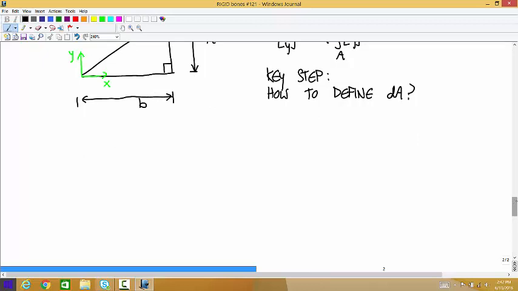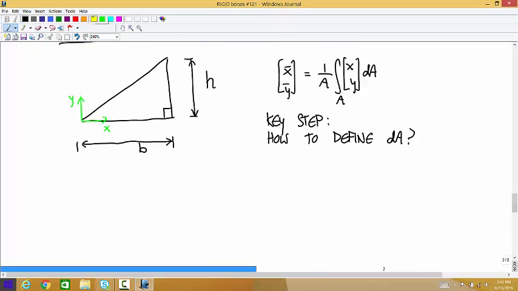So the way I'm going to do it is break it up the same way as in the definition of integrals when you do the Riemann sum of these little strips. So this is one of my little strips, dA. Its thickness is dx.